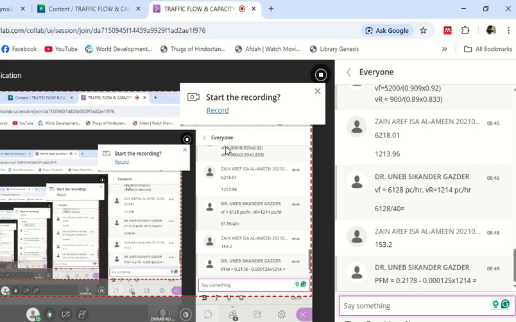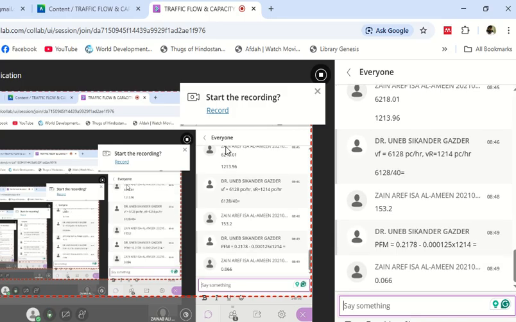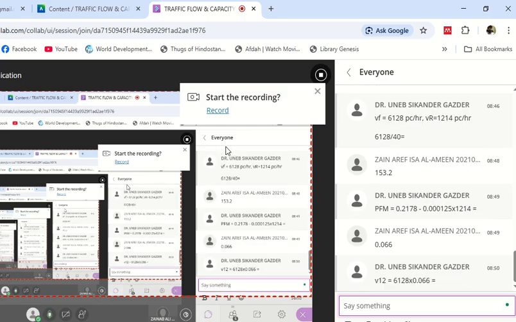How much is my PFM? Now I can calculate my V12. V12 is the Vf, which is 6128, multiplied by the PFM, which is 0.066. So how much is that?